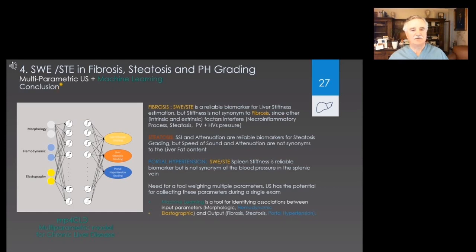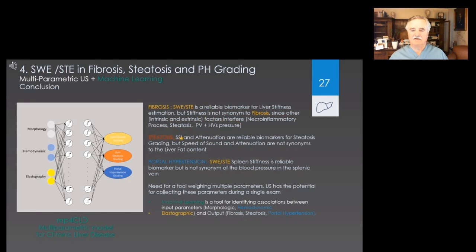Yes, we can combine multiple parameters, but for fibrosis, shear wave elastography measurement is a reliable biomarker, but stiffness is not a synonym of fibrosis, since other intrinsic and extrinsic factors interfere.